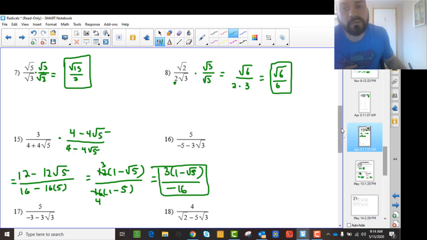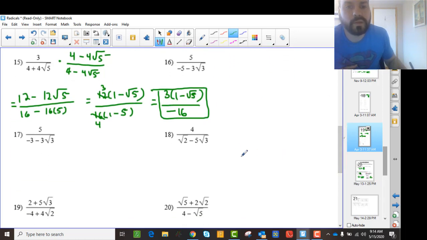And you can do that with any of these. I'm not going to do every single one, but let's look at this one. We have root 2 minus 5 root 3. So again, we're going to multiply by the conjugate. That's root 2 plus 5 root 3. If you multiply, then you get 4 root 2 plus 20 root 3 on the top.